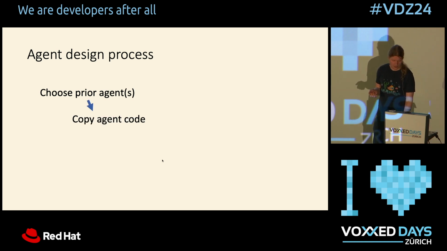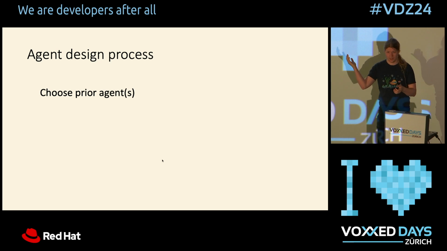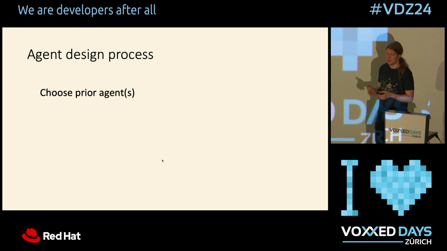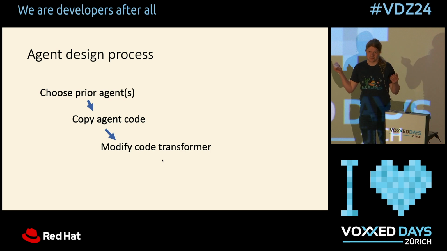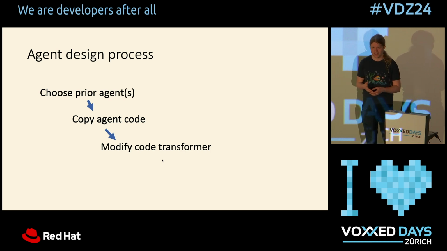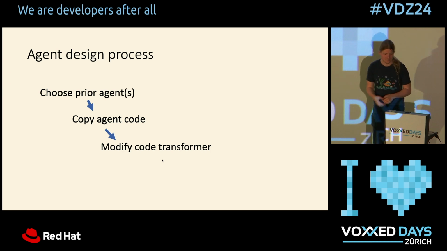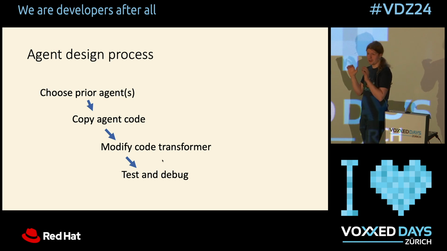In my case, these were my dependencies agent that I showed before and some other agent, and I just copy the code in. Then I replace the code transformer, and maybe the store class. But essentially, it's just copy pasta. It's okay, as I said, it's just a couple of 100 lines of code, but don't judge me by the quality of the code of my agent.